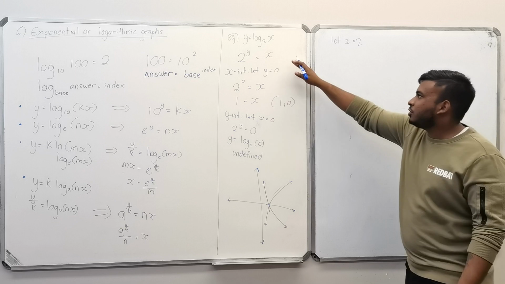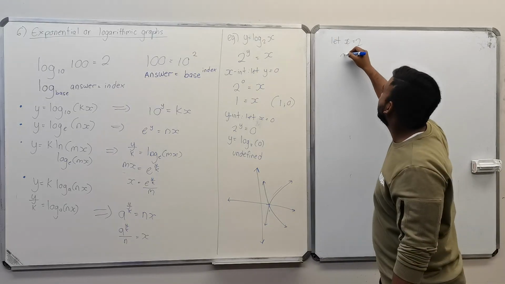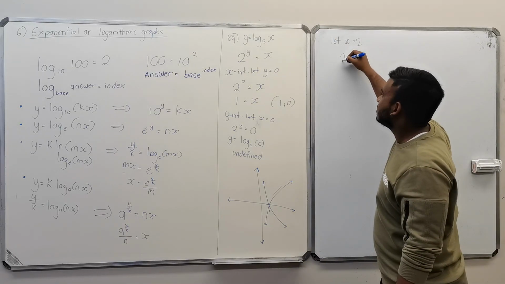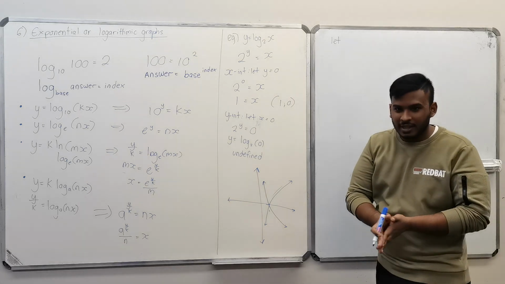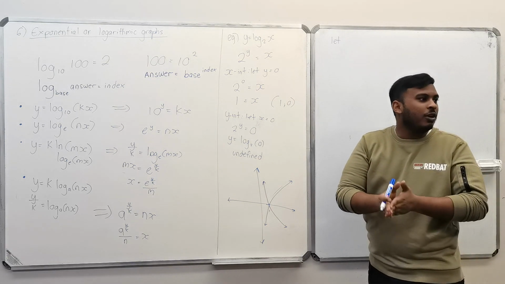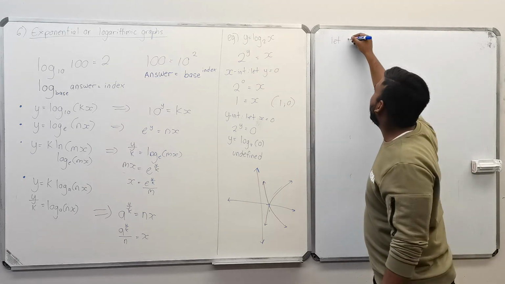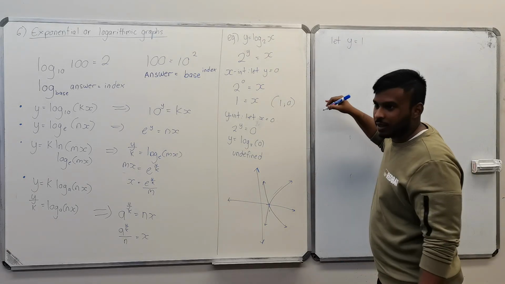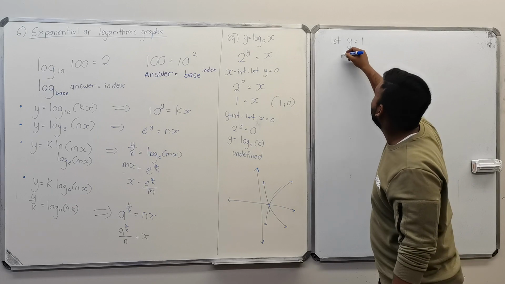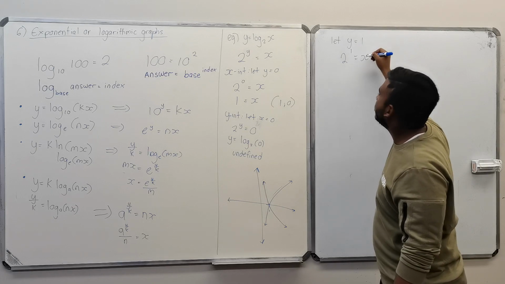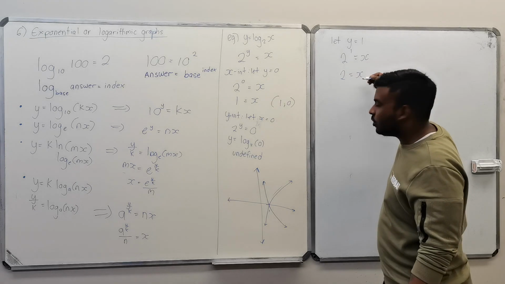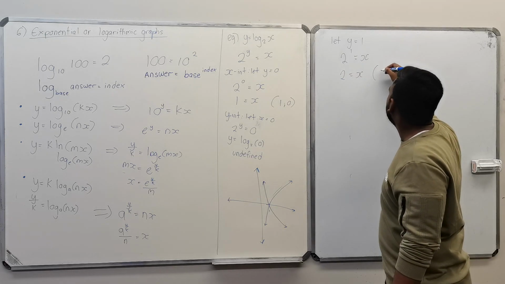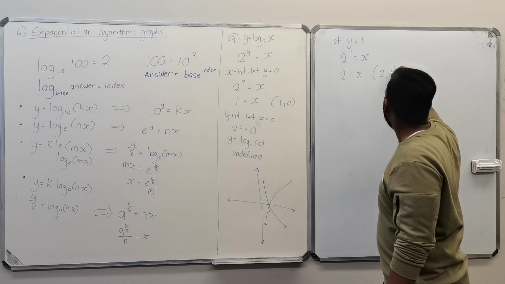Substitute into this equation here, you're going to say, substitute a value for y. Say let y equal to 1. You say let y equal to 1, it will be 2 to the power 1 is equal to x. And 2 is equal to x. So what coordinate is this? It's going to be 2 and 1.